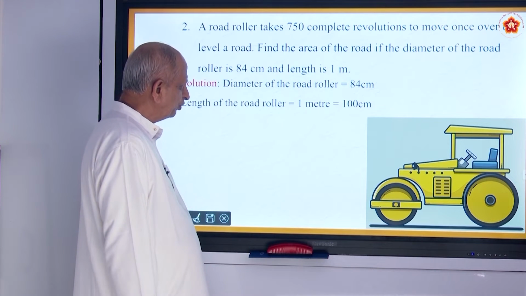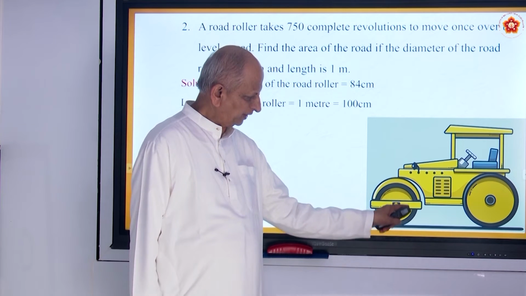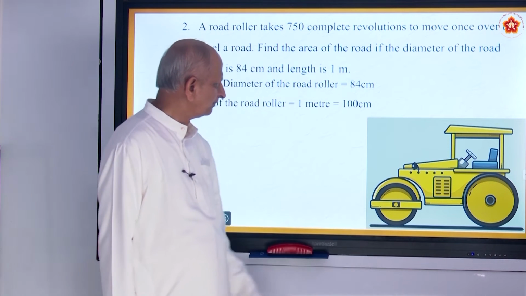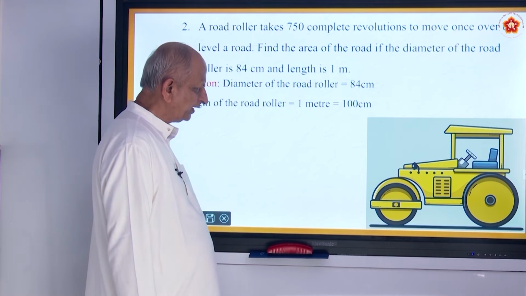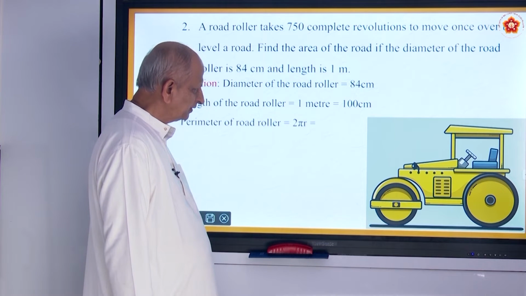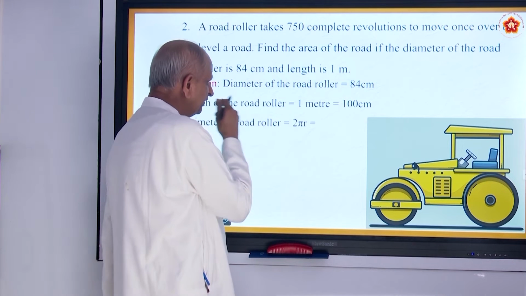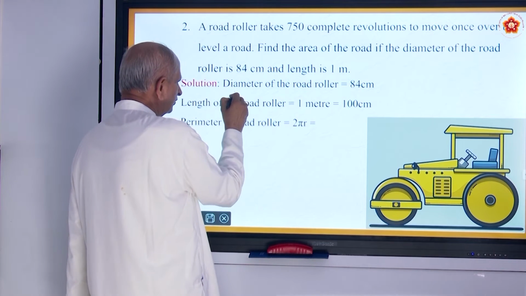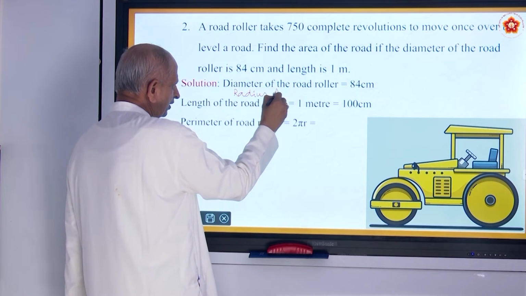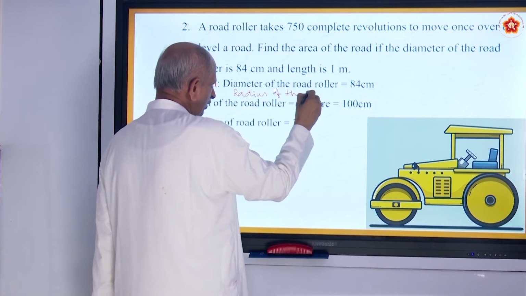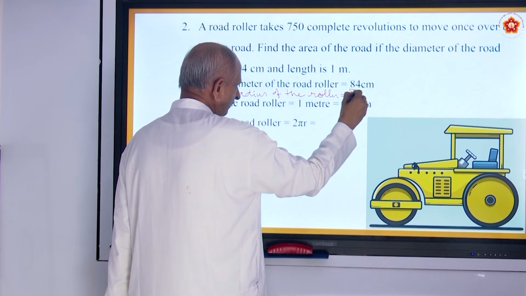So diameter of the road roller is 84. So this is a road roller here. Its diameter is 84. If diameter is 84, what happened to radius? Then radius becomes 42. So radius of the roller is equal to 84 by 2.